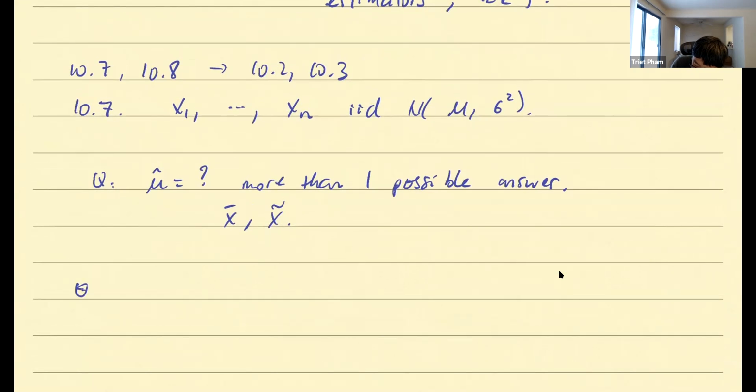Theta will denote a generic population parameter. So when the book says theta, when I say theta, it could be mu in this case, it could be sigma square, it could be lambda, it could be p. We just discussed a generic population parameter, and of course theta hat is an estimator for theta.